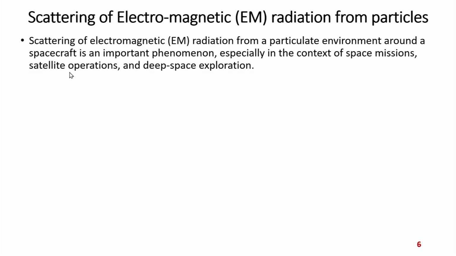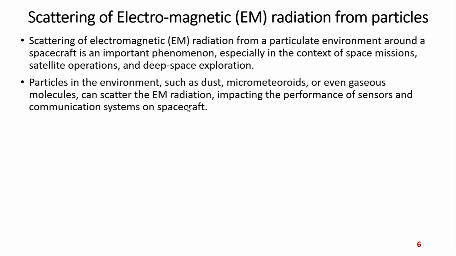It can create problems for satellite operations, and even for deep space exploration. Deep space means beyond the earth and the moon; when we are going to interplanetary space, it is called deep space. Particles in the environment such as dust, micrometeoroids or even gaseous molecules can scatter EM radiation, impacting the performance of the sensors and the communication system on spacecraft; we will see one by one.